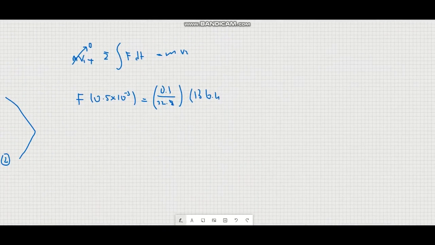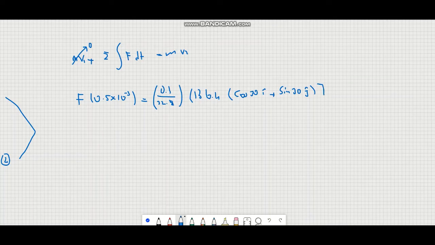but if we want to find the vector form, it is going to be cosine 30 in the I direction and plus sine 30, because we divided into components, sine 30 in the J direction. We found the magnitude, but we are going to find it in vector form.